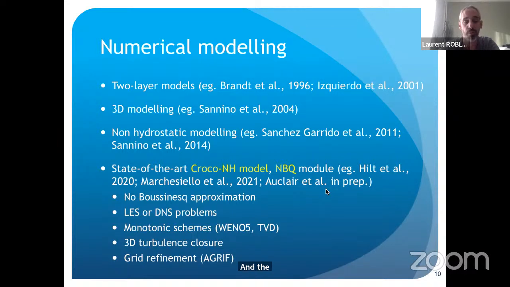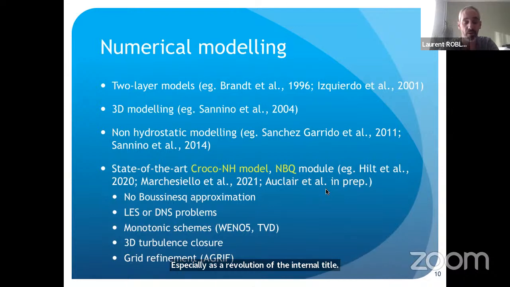The increase of computational power led to 3D modeling with increasing vertical and horizontal resolution, explicitly addressing the tidal cycle and the flow characteristics. Then some aspects of the strait could not be well reproduced by these numerical models, especially the evolution of the internal tidal bore generated at the Camarinal sill.